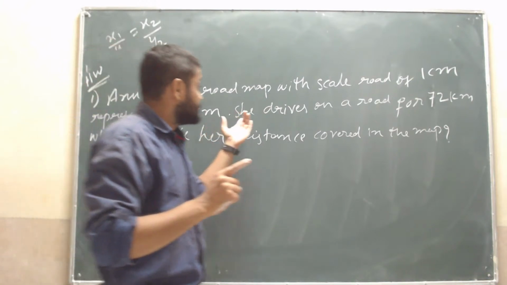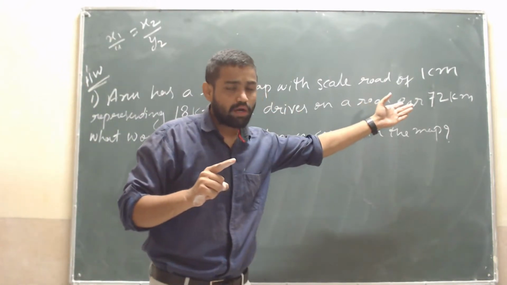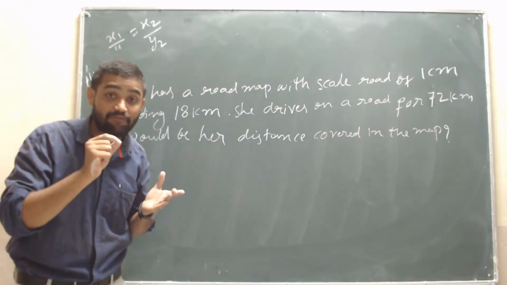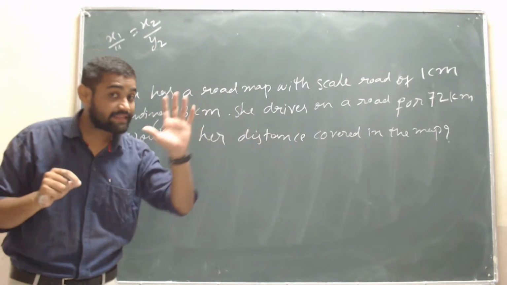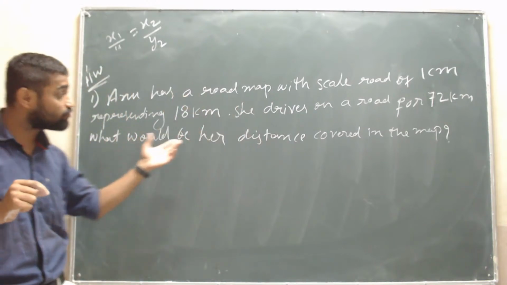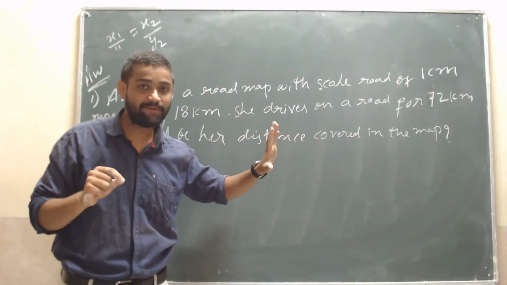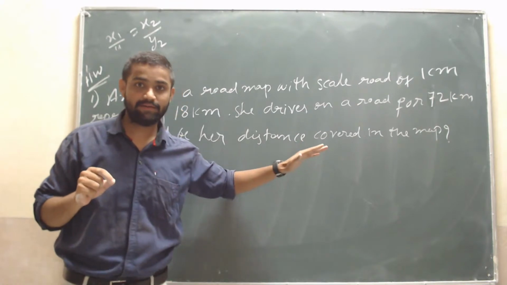Then she drives on a road for 72 kilometers, that is, she travels 72 kilometers. Then what would be her distance covered on the map?